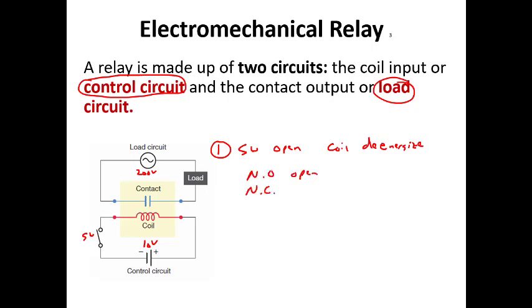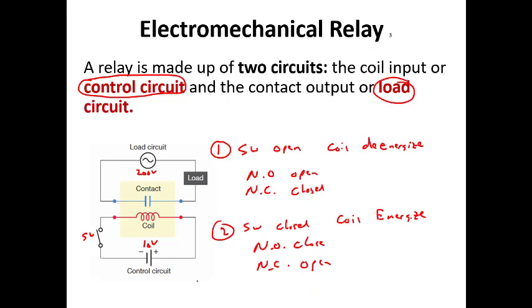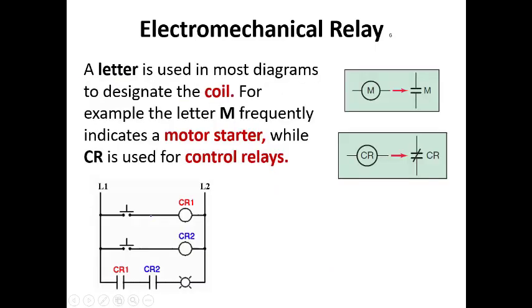The normally closed contacts are closed. If we go to state 2, where we close the switch, the coil would then energize, and the normally open contacts would close, and the normally closed contacts would open. So when we energize this coil, the open contacts close and the closed contacts will open.